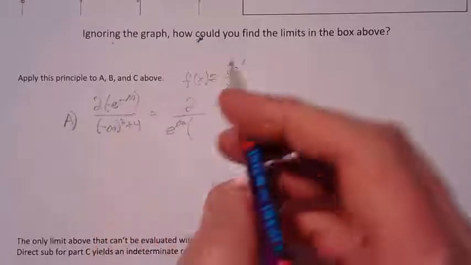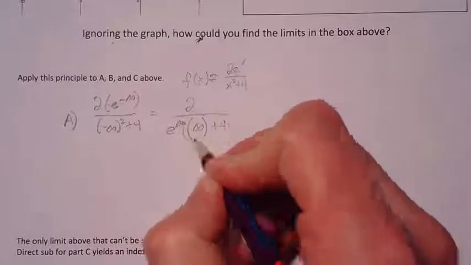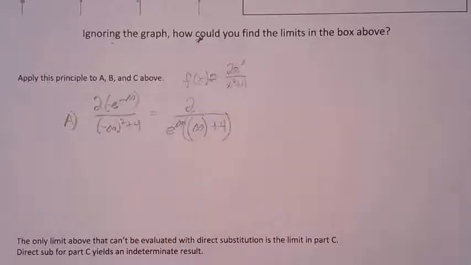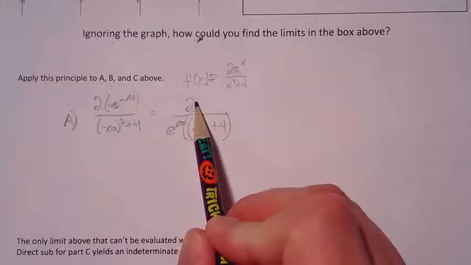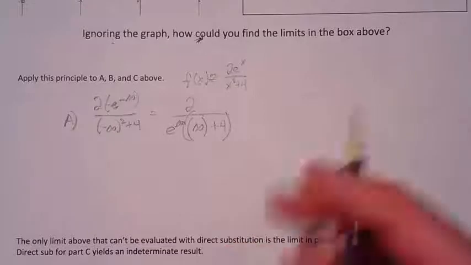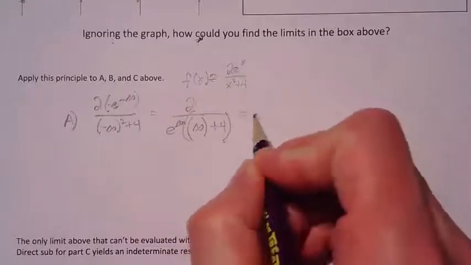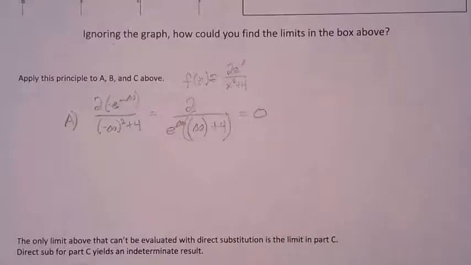Negative infinity squared would be just infinity again. So you'd have e to the infinity times infinity. You'd have a constant number being divided by a very, very large number, an infinitely large number, and that would give 0 as a result. Because if you chop 2 into infinite pieces, each piece will be literally 0 units large.